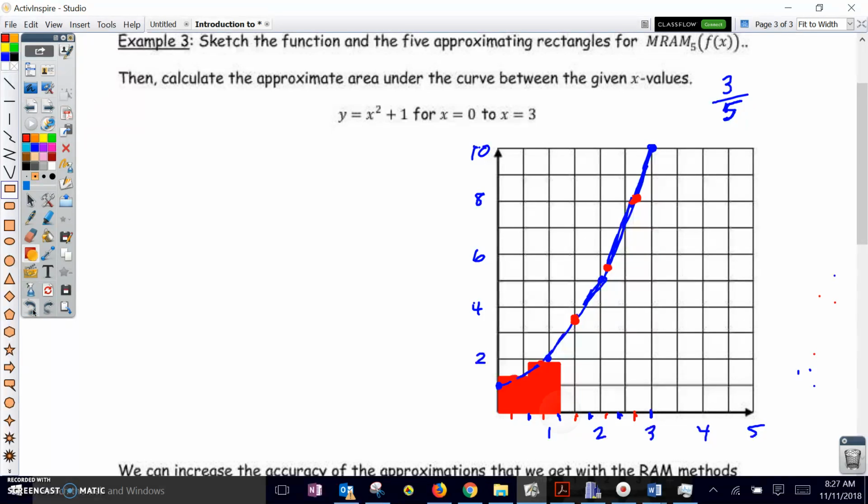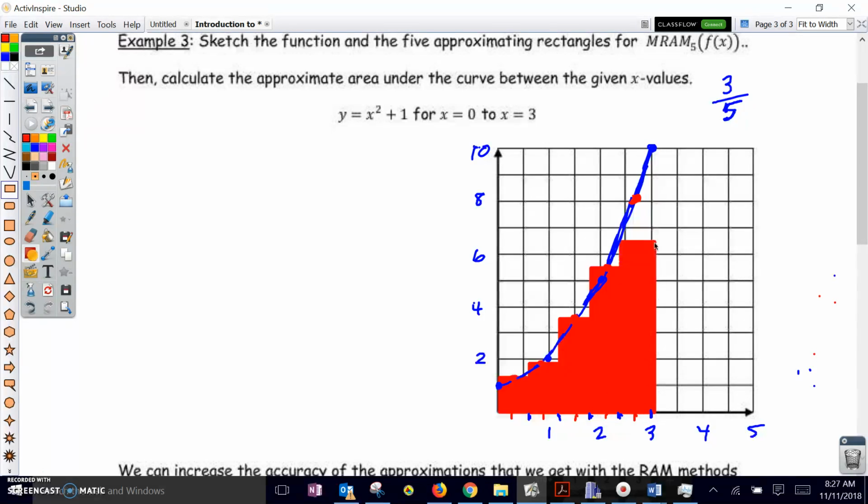Having trouble getting this rectangle going. There we go. Finally. And so our approximating rectangles should look something like this.